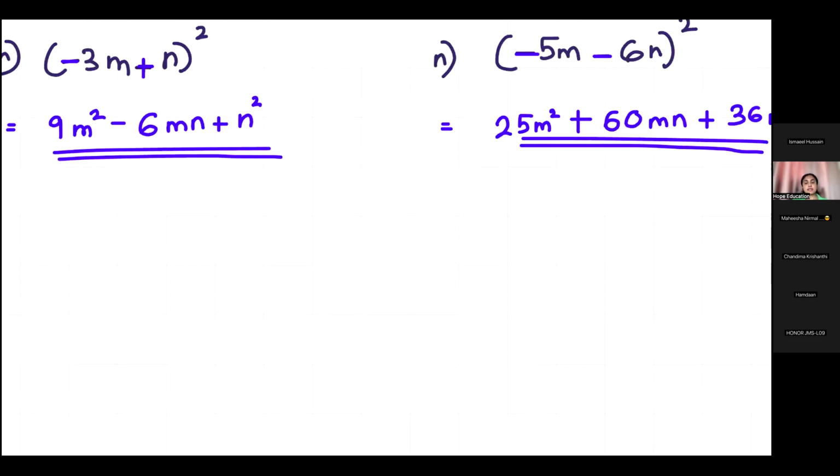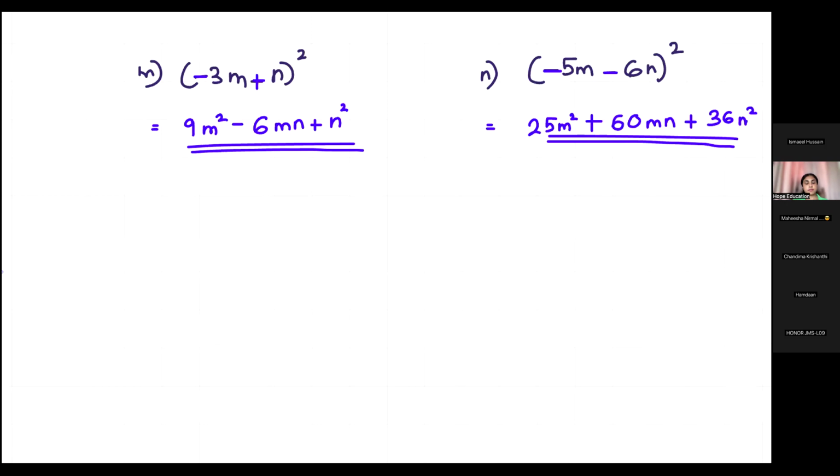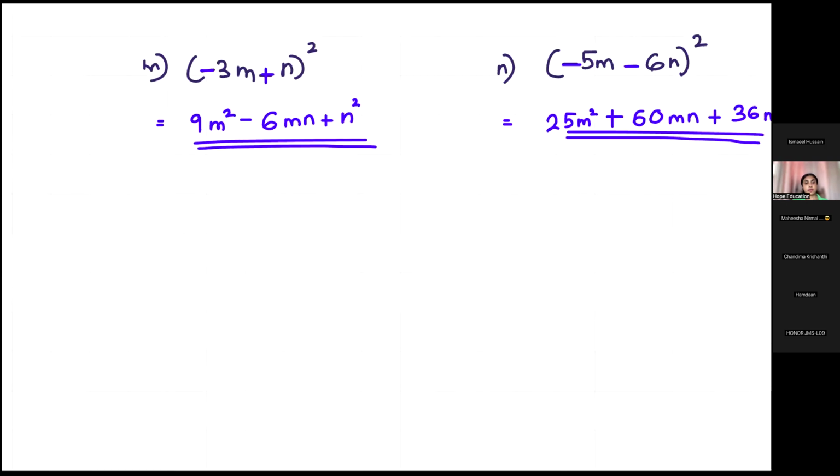Go to the miscellaneous exercise, the third question. One second, I'm trying to get the question onto the whiteboard, but it's not easy.